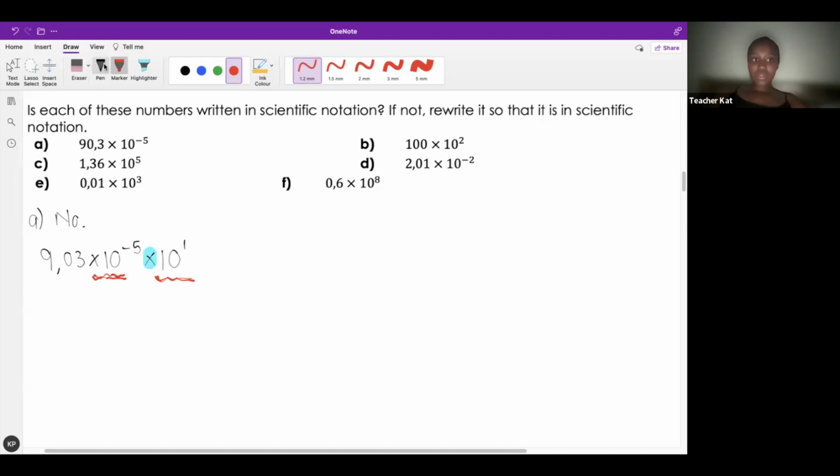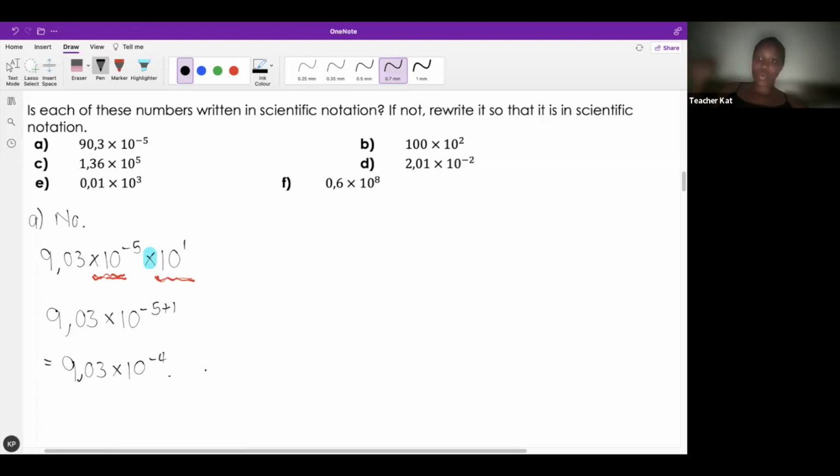So what can we do with the exponents? Nice, Maureen. We can add the exponents. So it'll be 9, comma, 0 times 10 to the power of negative 5 plus 1, which means our final answer is 9, comma, 0. What's negative 5 plus 1? Times 10 to the power of negative 4.